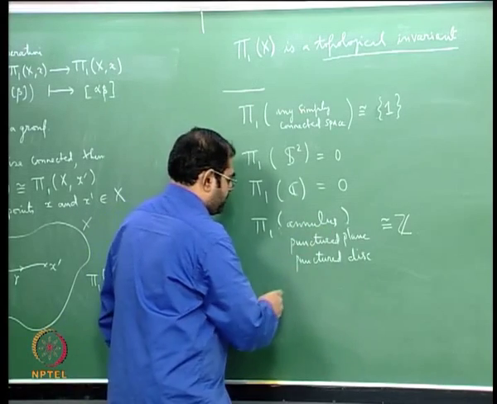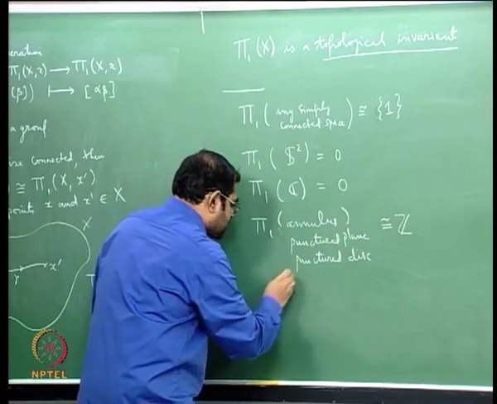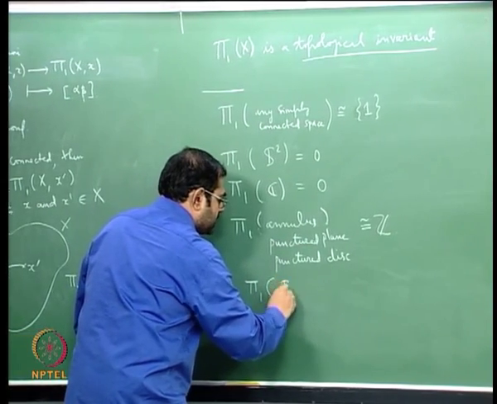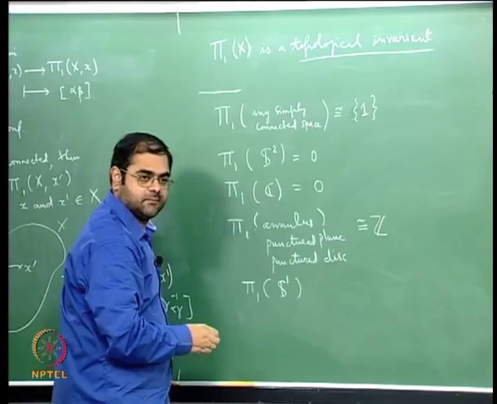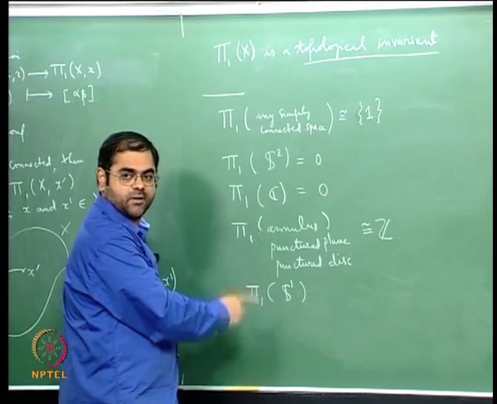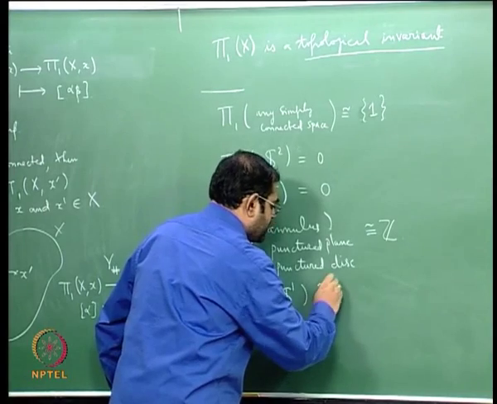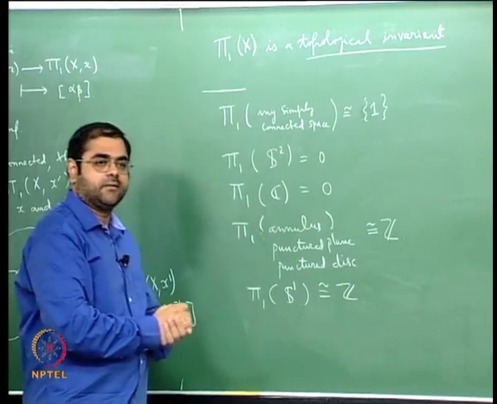So all of these, and this is also the same as pi 1 of S1, which is the unit circle, the set of unimodular complex numbers, that's also going to be Z, okay.